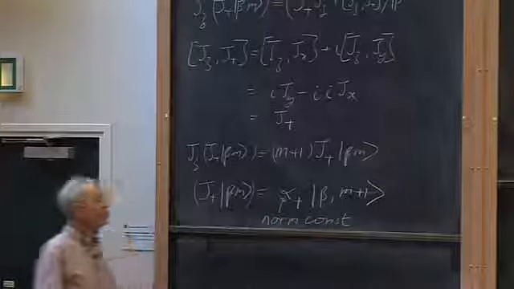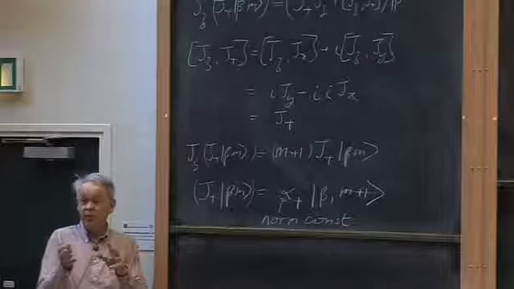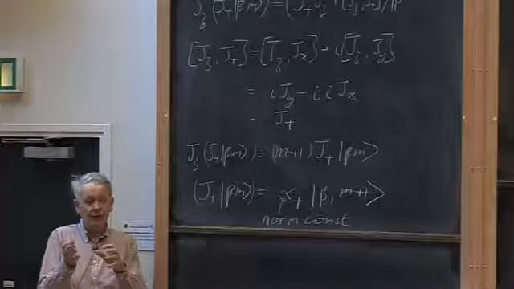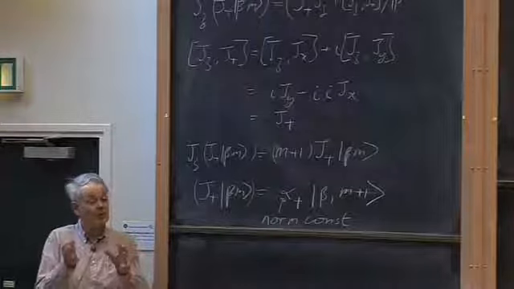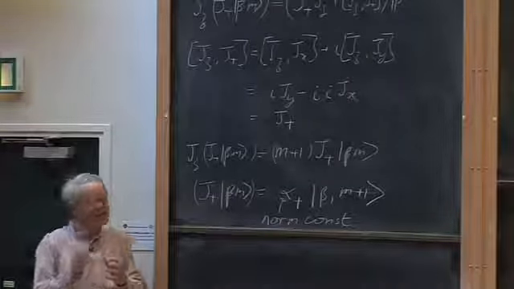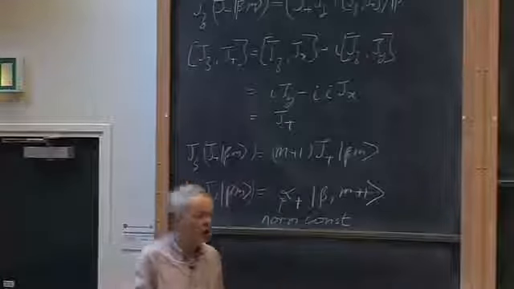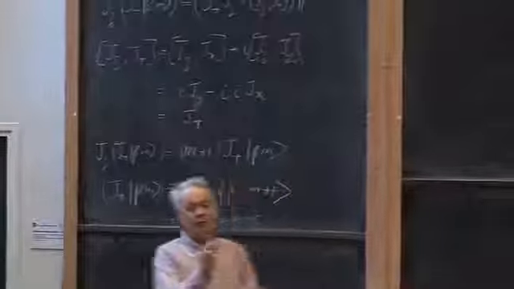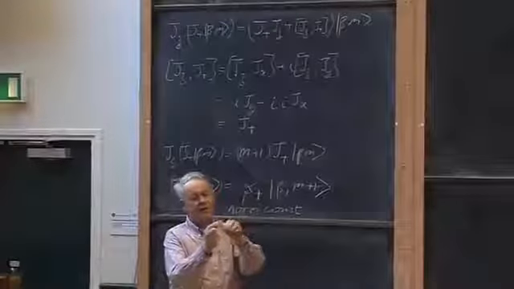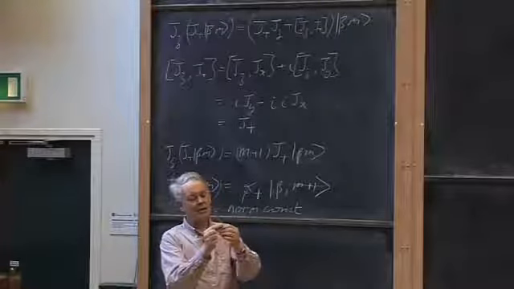So what have we achieved? When we applied j plus to this state jm, we made a new state with the same total amount of angular momentum, the same response to j squared, but the amount of this parallel to the z-axis has increased. So we have reoriented our system. We have the spinning top, some angular momentum along here, and we've moved it a bit towards the z-axis.